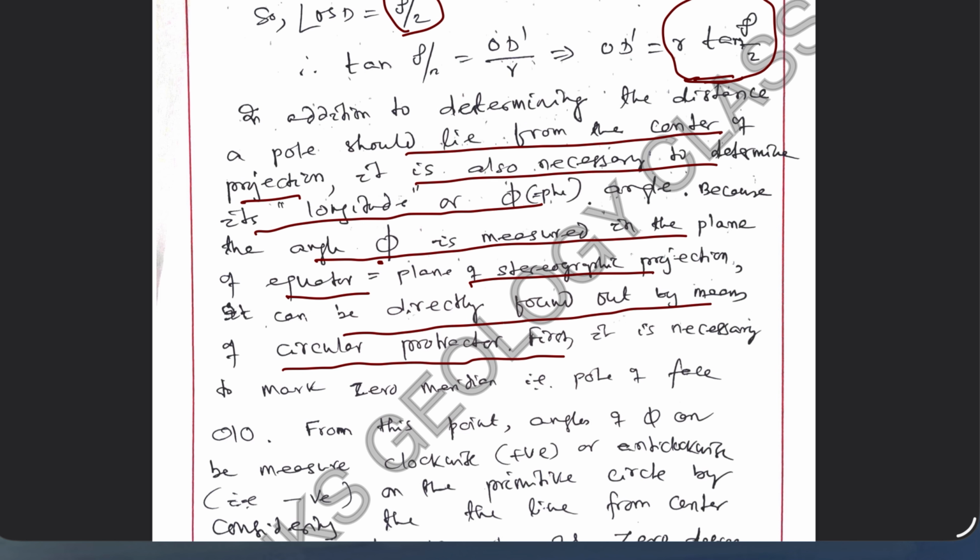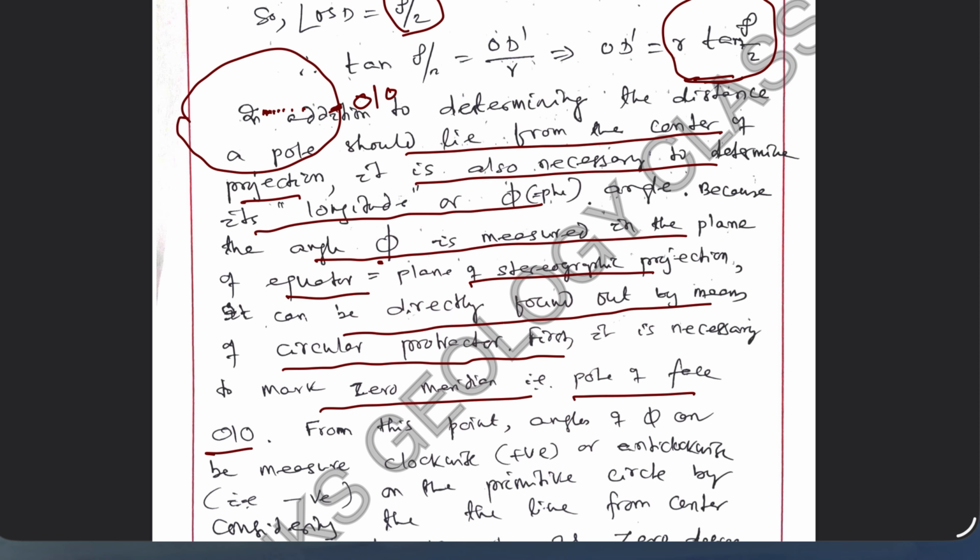First, it is necessary to make the zero meridian the pole of the face 0, 1, 0. First we have to find out the zero meridian, the 0, 1, 0 face.